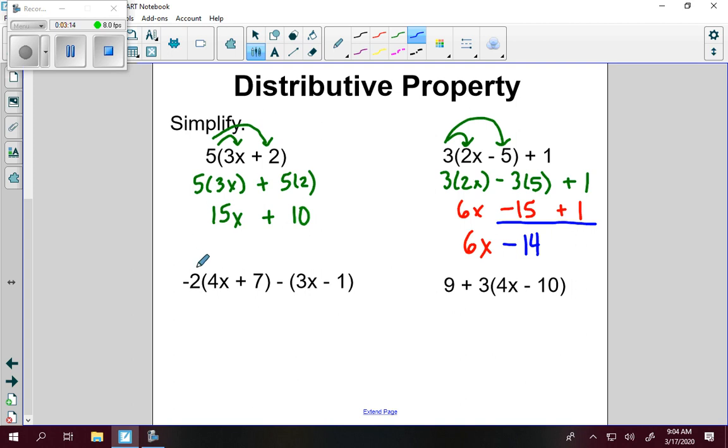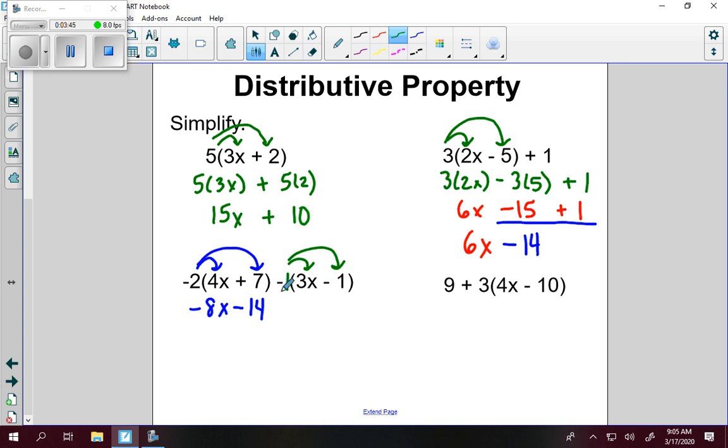Next we have negative 2, and we're going to multiply it into everything in the parentheses. There are no parentheses here; it's separated by a minus sign, so I'm only going to work on this one. Negative 2 times 4 would be negative 8x. Negative 2 times 7 would be negative 14. Now I'm going to work with the second set of parentheses, and I have the negative 1 times both, because remember, nothing in front of a parentheses means there is a 1 implied.